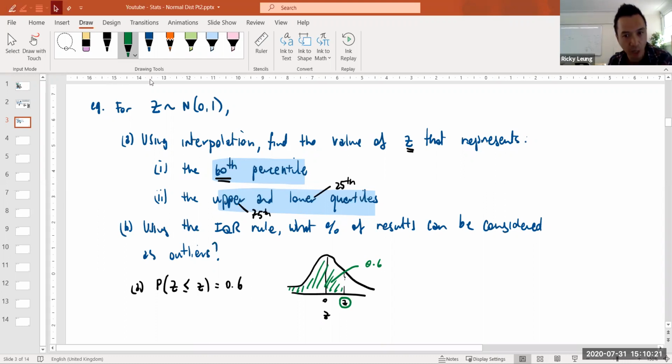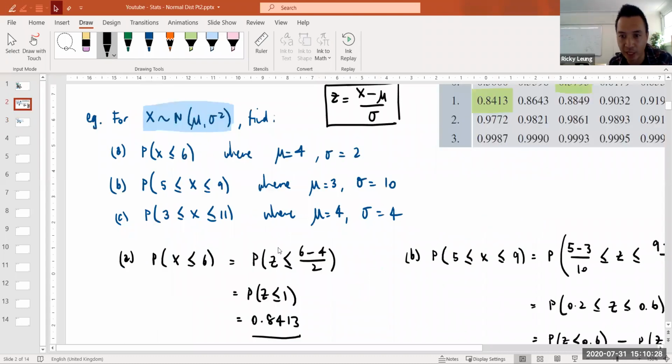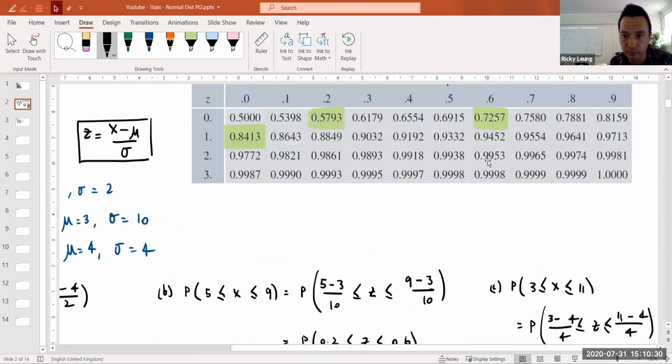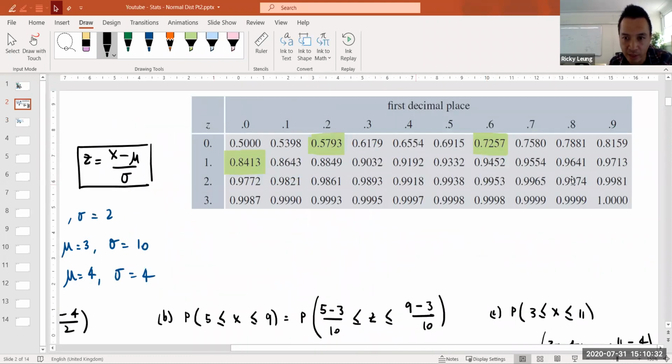And so what I do is I go backwards from the table. Let's go back to this table over here. I want the numbers in this matrix, because they represent the percentages. So I want the numbers that are closest to 0.6. There's no number here that's exactly 0.6, because they're 4 decimal places.